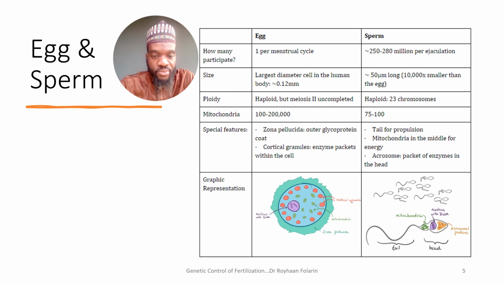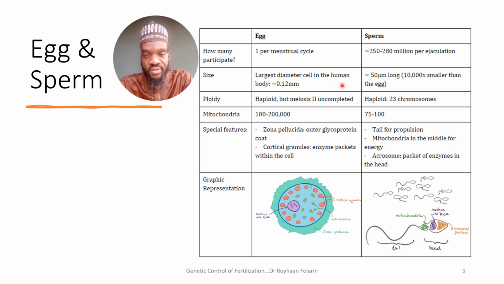So here we'll just appreciate the key differences between the egg and the sperm. In fertilization, you have one egg released per menstrual cycle, while for the sperm, there are approximately 250 to 280 million sperm ejected during every ejaculation, all aiming to fertilize the egg.